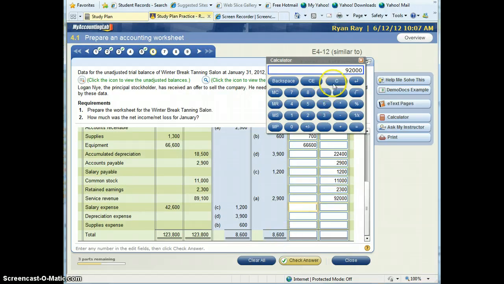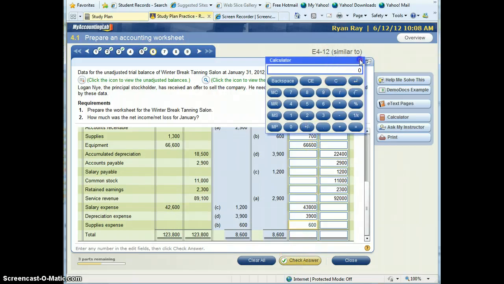Okay, salary expense, we have 42,600 plus 1,200, so 43,800. So let's put that down there on the debit side. Depreciation 0 and a 3,900 debit will be a 3,900 debit. Supplies expense 0 and a 600 debit will be a $600 debit.